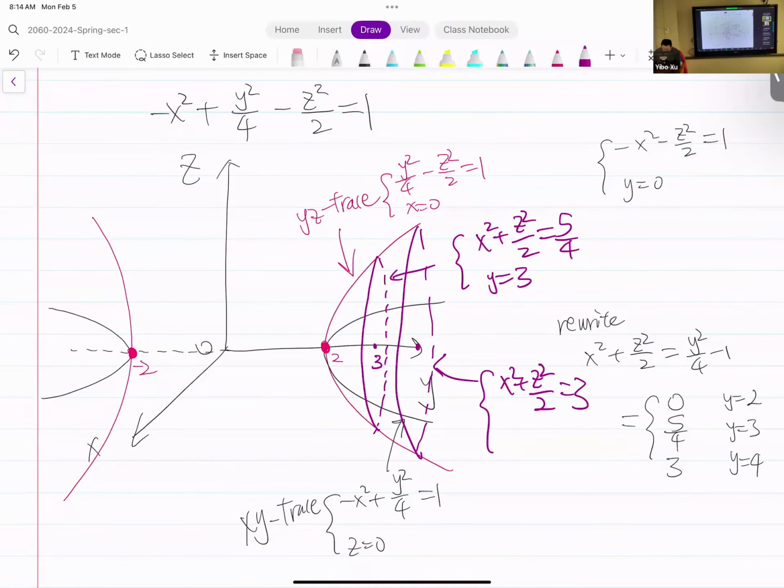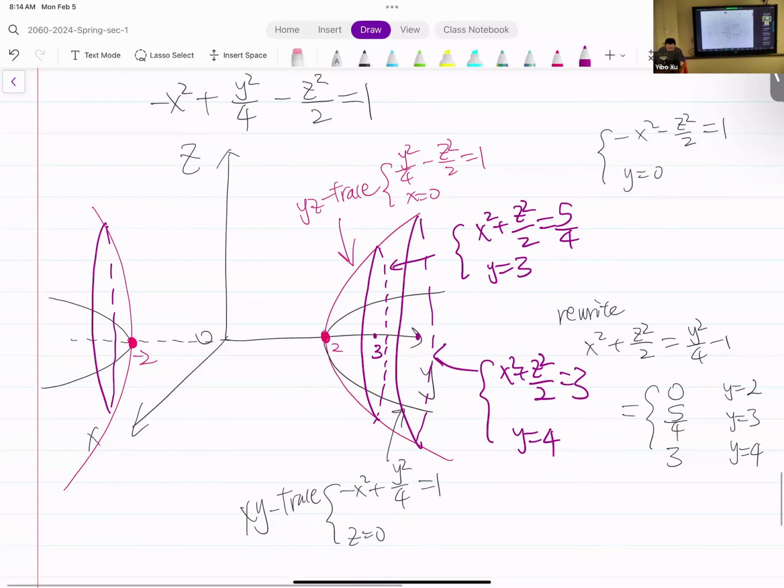And you can imagine that if you make y equal to -3, it's going to be the same ellipse on the left hand side here. If you make y equal to -4, it will be even larger. So that's a kind of sketching.